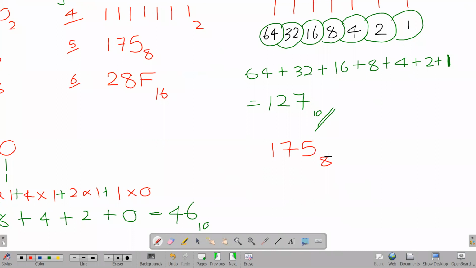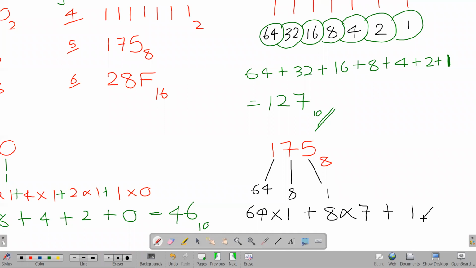175 in octal, which gives you 1, 8, and 64. So it's going to be 64 into 1 plus 8 into 7 plus 1 into 5.